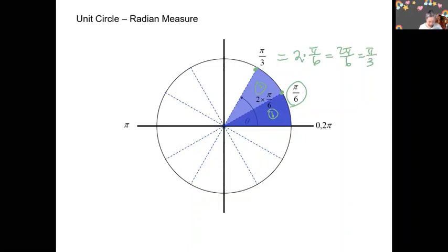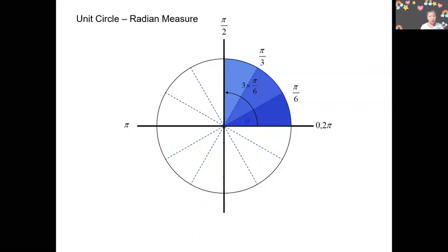Then we can go further. One more, right? So then this must be 3 pieces of pi over 6. And if you simplify it, that's nothing but pi over 2. And we remember we already came up with the position of pi over 2 as the half of pi measure. So that's why pi divided by 2 is pi over 2.